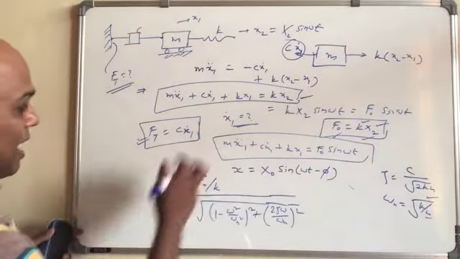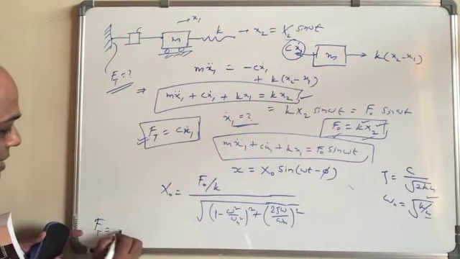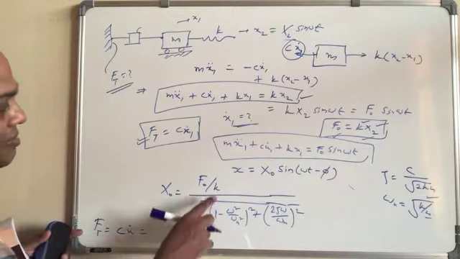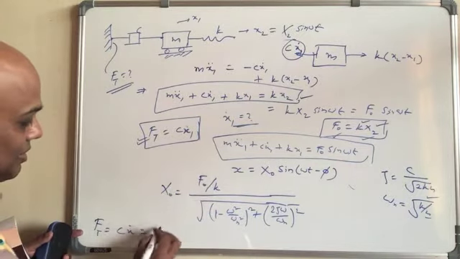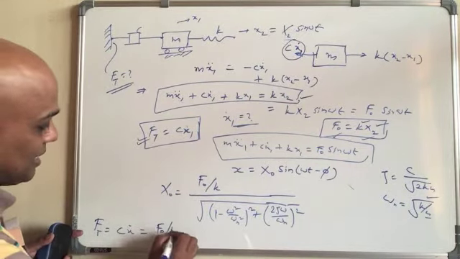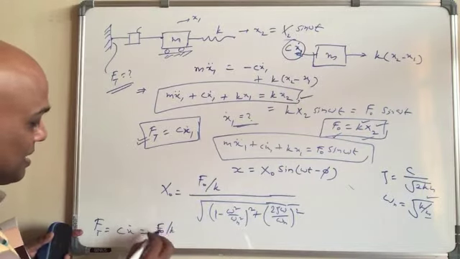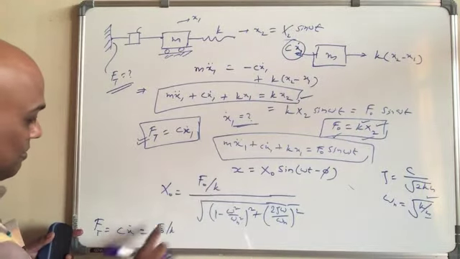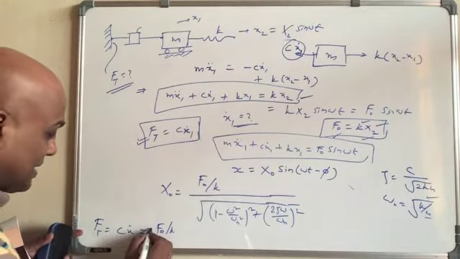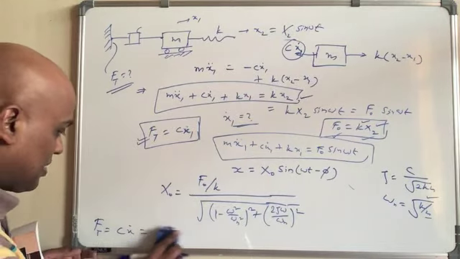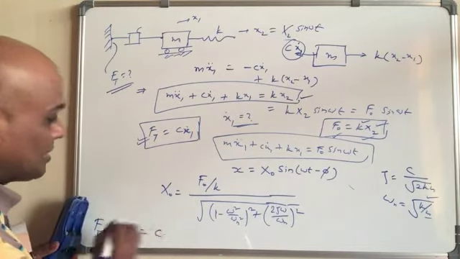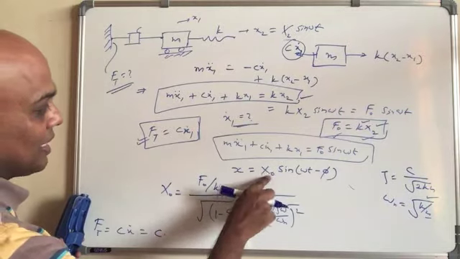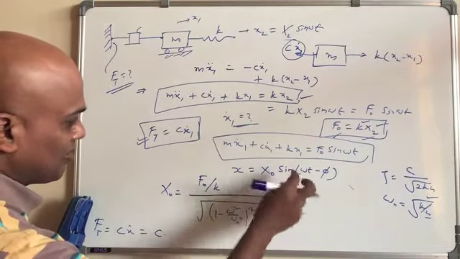Now the value F_T is nothing but c x dot, and what is x dot? It is x naught times omega.